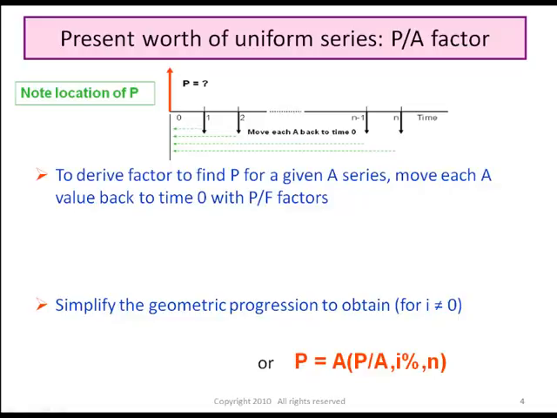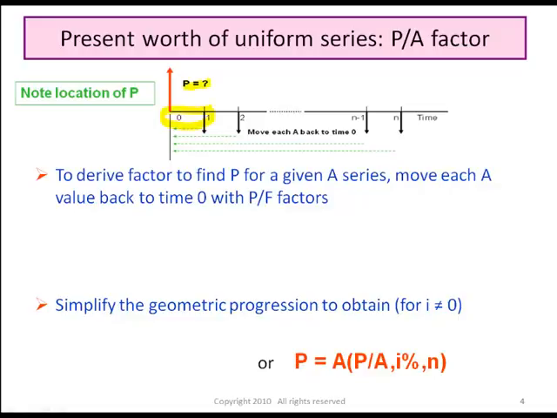This is the one used to calculate a P value in year 0, that is now, given a uniform series A that spans n time periods, as shown in this cash flow diagram. We will use years as the time period. As mentioned before, note that the factor will be derived such that P is located exactly 1 year prior to the occurrence of the first A value.